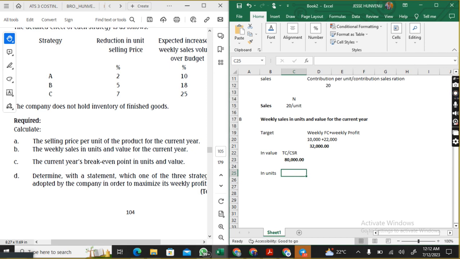So our total is this divided by 20, because 20 is our sales per unit. It's like converting kilograms to grams, so you must divide by the unit of one.